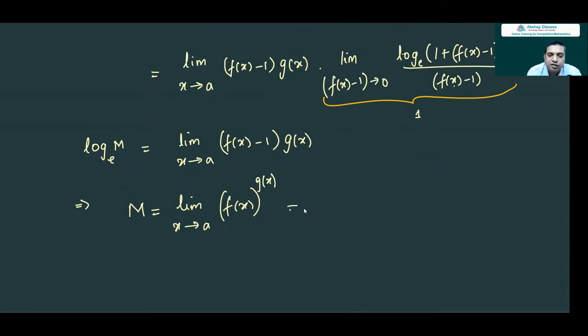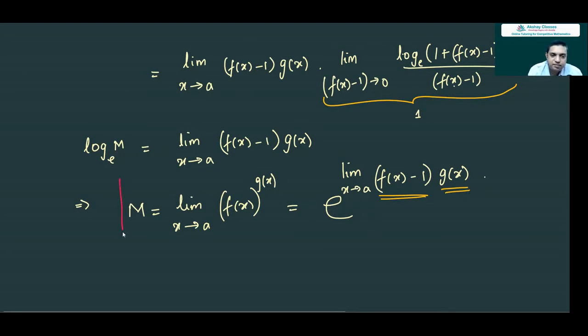If it is 1 power infinity form, it is nothing but e power limit x tends to a f of x minus 1, which goes to 0, into g of x, which goes to infinity. First factor should go to 0, the second factor should go to infinity. Okay, so that is the result.